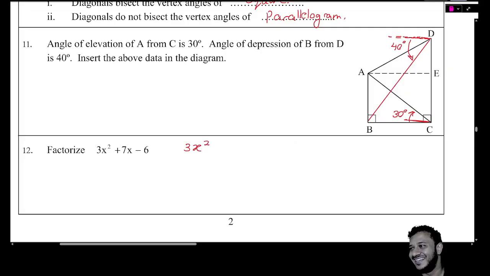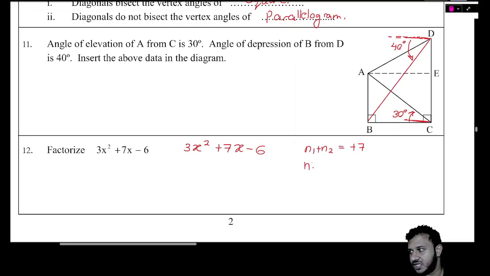Alright, next one. 3x square plus 7x minus 6. We need to factorize. Tell me, when you add the two numbers, how much should it be? The two numbers which we want to find, the addition should be? 7. Very good, positive 7.